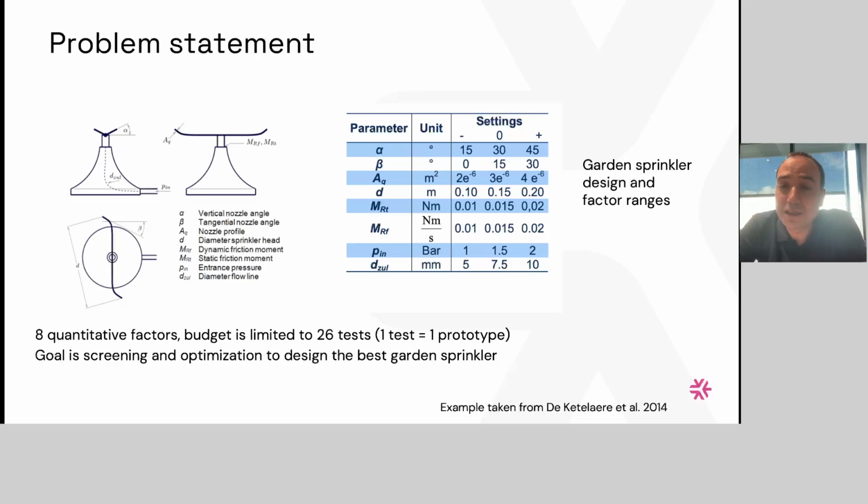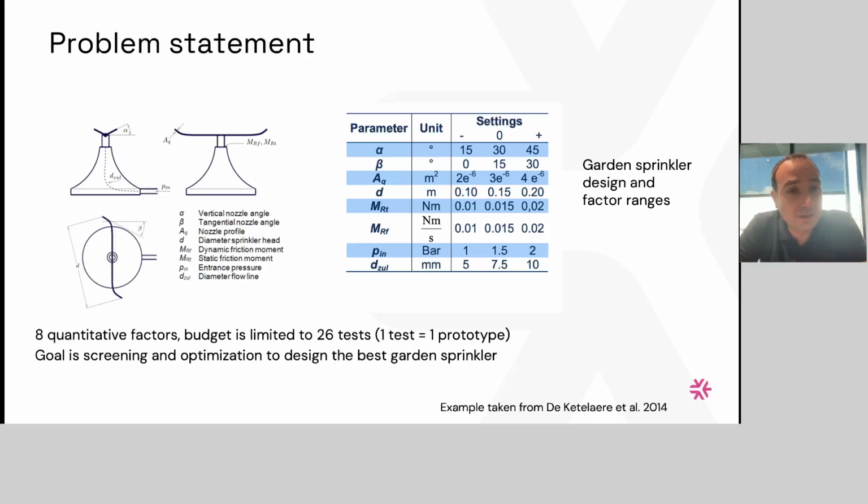Each parameter has some settings, so a range where it can vary, with a minimum and upper value. They are all numerical, and in the end we would like to use it for screening to see what matters, but also for optimization to get the best factor values for the most efficient garden sprinkler.